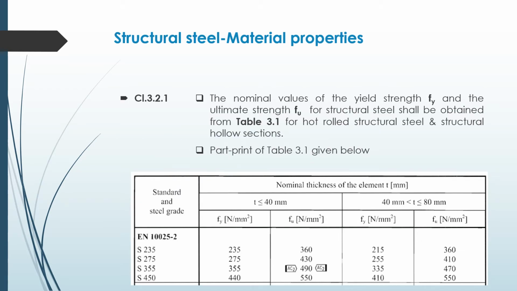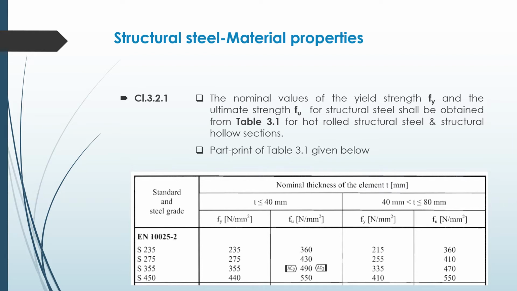The use of correct material properties is an essential part in the design of any structural component. The properties relevant to the strength design of steel members include the yield strength Fy and the ultimate strength Fu. Table 3.1 of Eurocode provides you the Fy and Fu values.